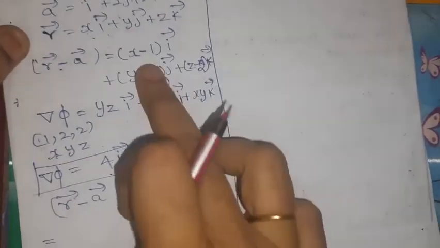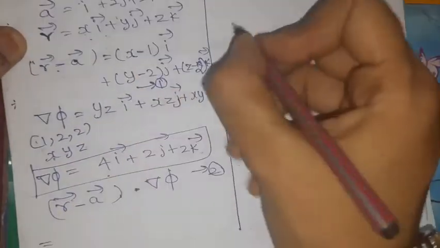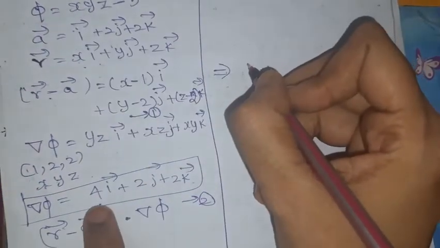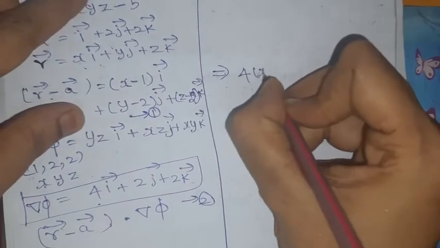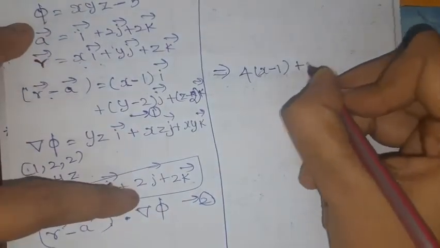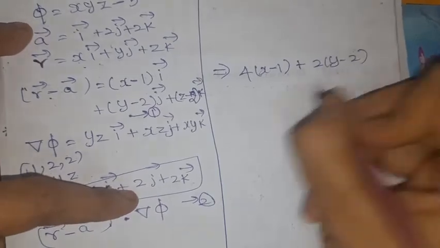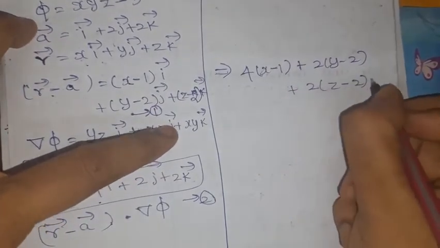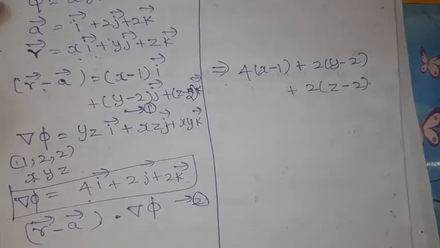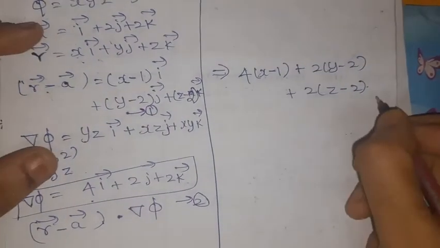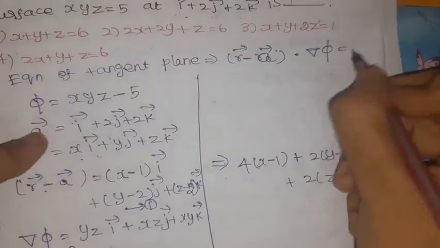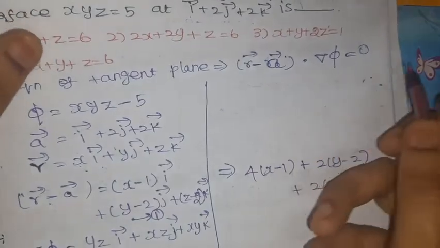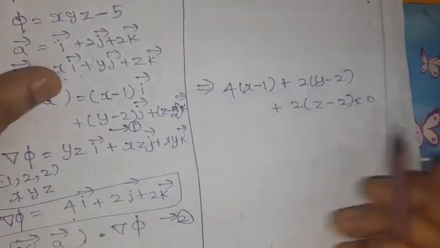So the i and i terms multiply: 4 into x minus 1, plus 2 into y minus 2, plus 2 into z minus 2, equal to 0. So this is the equation, r vector minus a vector dot del phi equal to 0, the equation of the tangent plane.